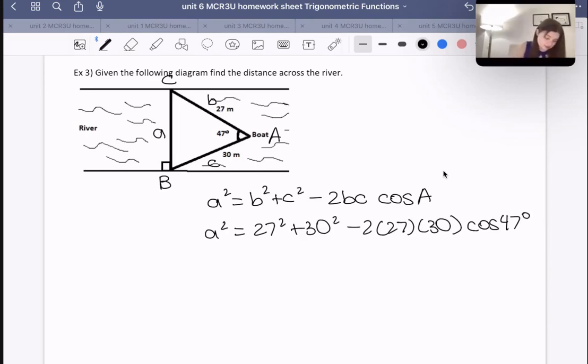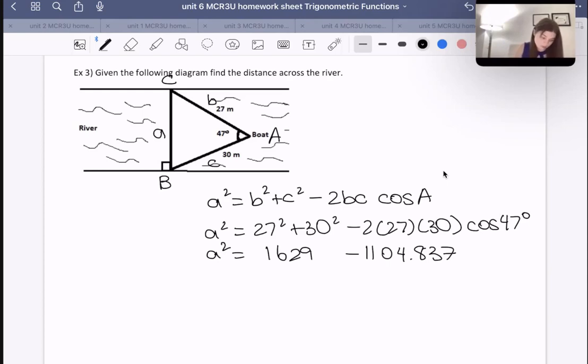So let's punch that in the calculator. Cosine of 47 degrees times 30 times 27 times 2 is equal to 1104.837 approximately. And then 27 squared is 729 plus 30 squared is going to give us 1,629. And that's equal to A squared.